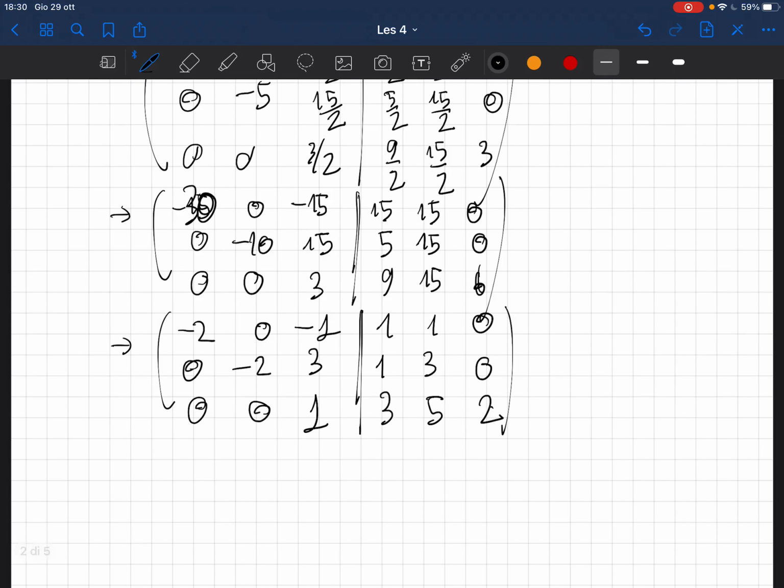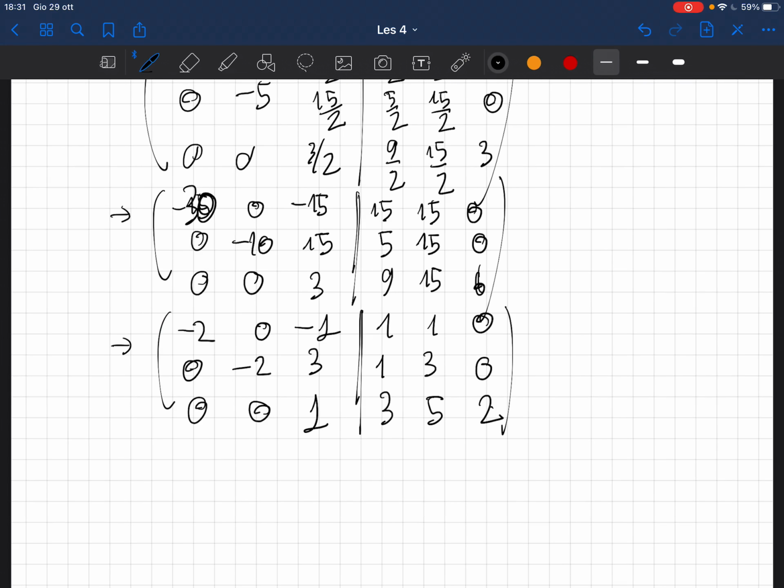And then what we have, what should we do now? We should remove this and this, but it's kind of easy now because we can replace this row by a suitable multiple of this one and also this.